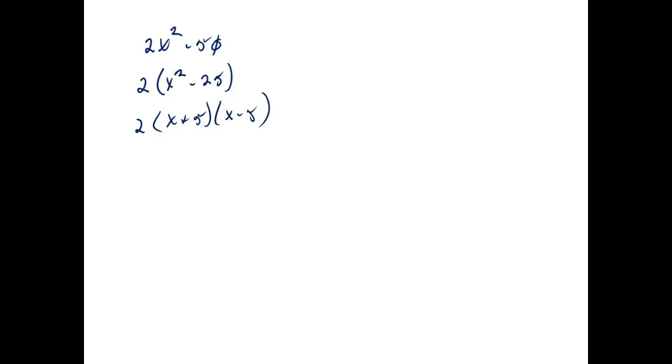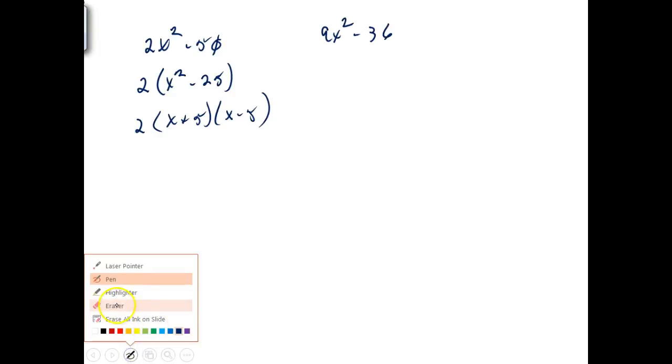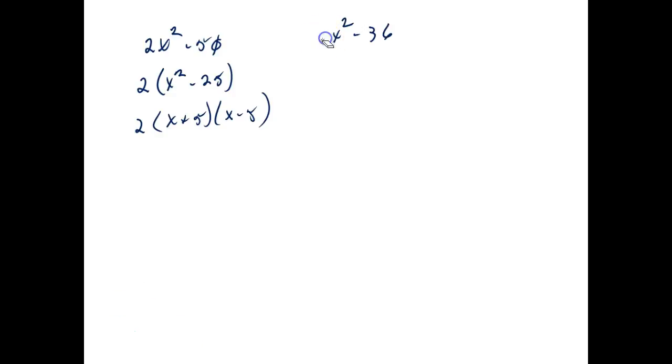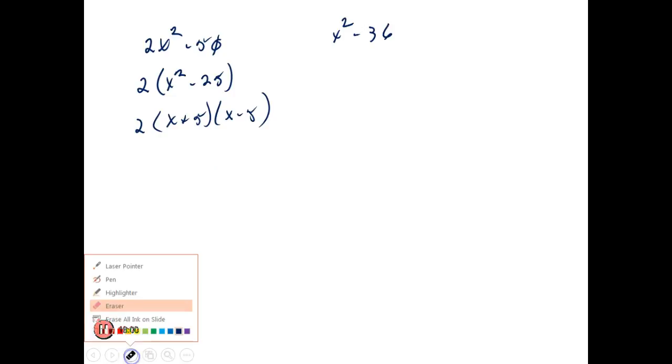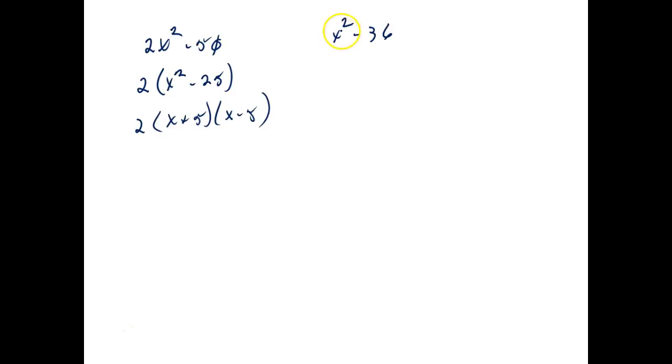How about this one? 9x squared minus 36. Now this one, that is a 9. It probably doesn't look like it. Let me see if I can make it look a little better. Not looking good either, but it's better than what?